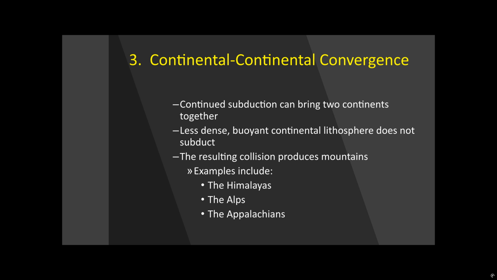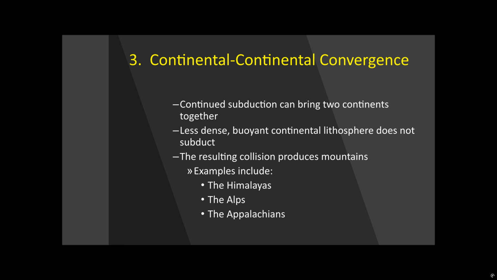Continental-continental convergence is the third type of convergent plate boundary. So with continued subduction, eventually two continents can be brought together. Now, continental crust is much less dense than oceanic crust, and it's more buoyant, so it cannot subduct.